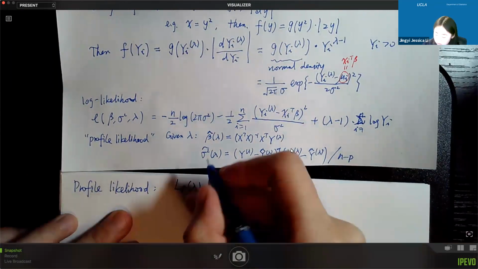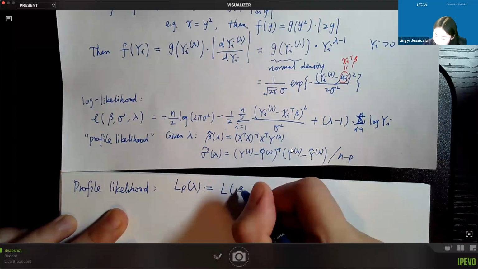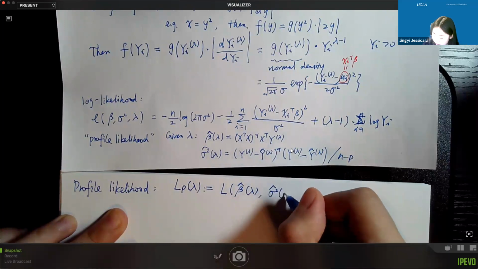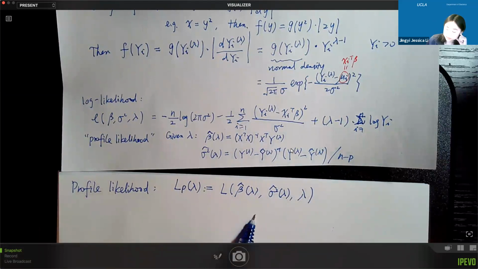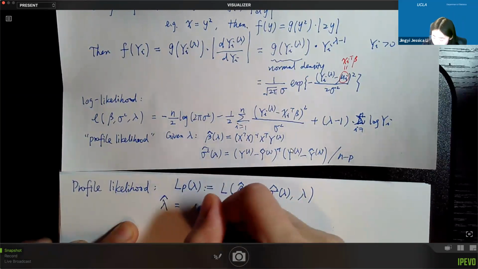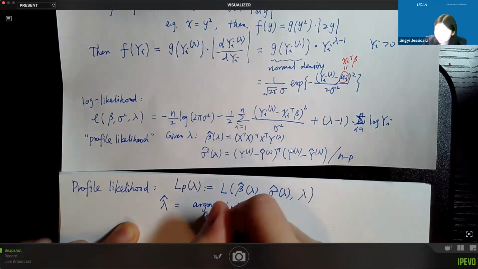This profile likelihood is defined as the likelihood with beta replaced by beta hat lambda, sigma squared replaced by sigma squared hat lambda, and lambda. So you see the only remaining parameter is lambda. Then you will find lambda by maximizing this profile likelihood, and you are done. So finally, lambda hat is the argmax of the profile likelihood of lambda.